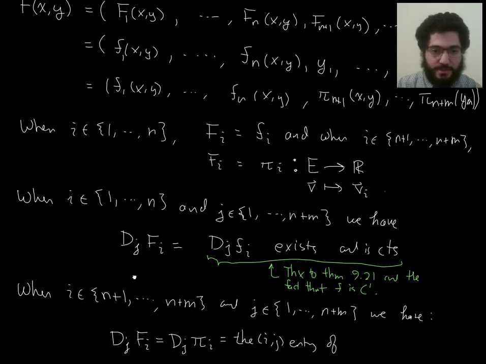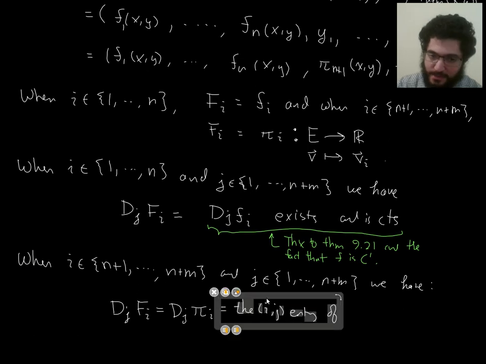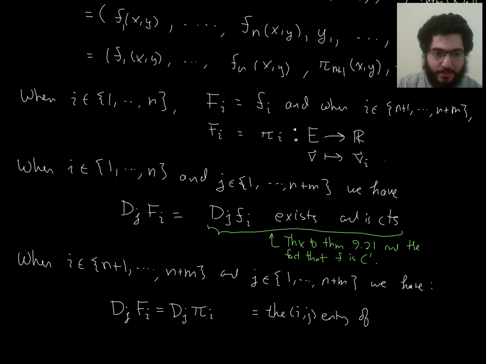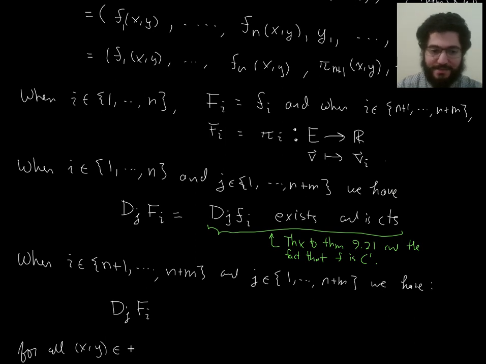So yeah, that's what you get when you evaluate at a point. So yeah, sorry, let me evaluate at a point. So whatever I say, I'm going to say that for all x, y in R^(n+m). Sorry, in E. For all x, y in E.